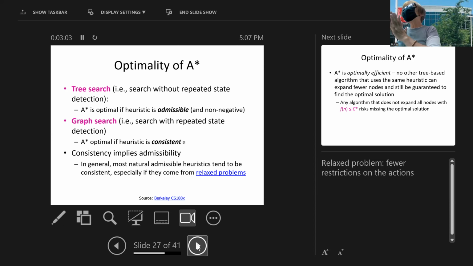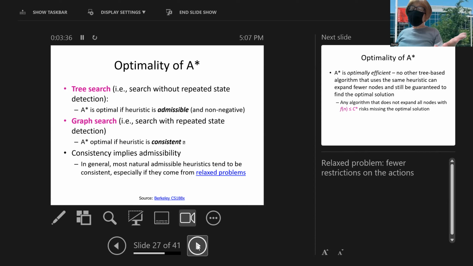What is completeness? Completeness means that if there is a solution, the algorithm can find it, so the search algorithm is complete. What is optimal? If there is a solution and you can find the least cost one, then the algorithm is optimal.